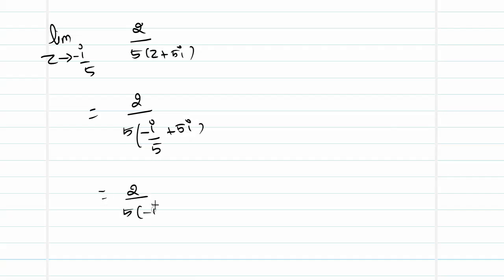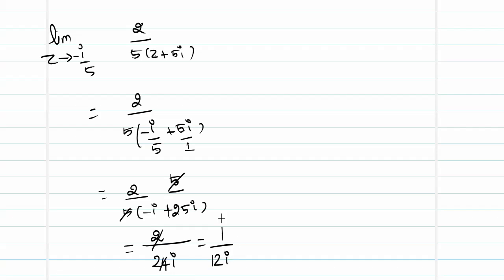The LCM will be 1, 5 5s are 25 times i. This 5 goes to the numerator, which can be cancelled off. So I have 2 divided by 25i minus i, which makes it 24 times i. So this can be cancelled off over here to give you 12i. So this becomes my residue at the point z is equal to minus i by 5.